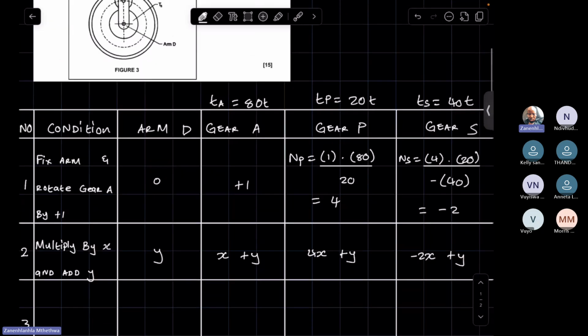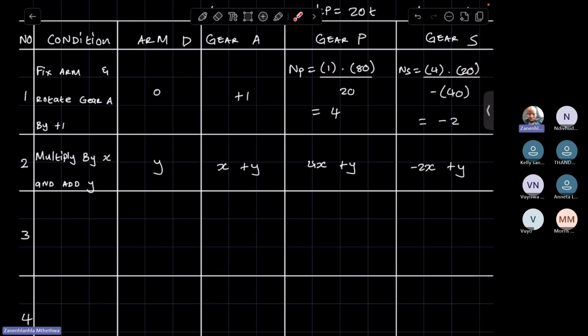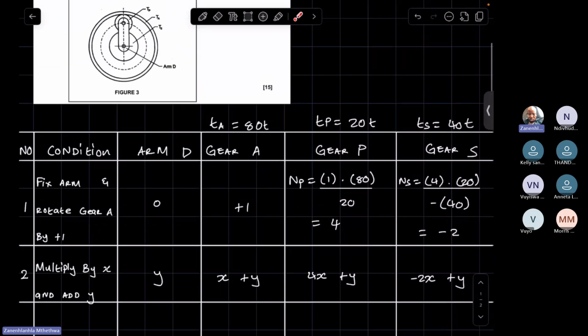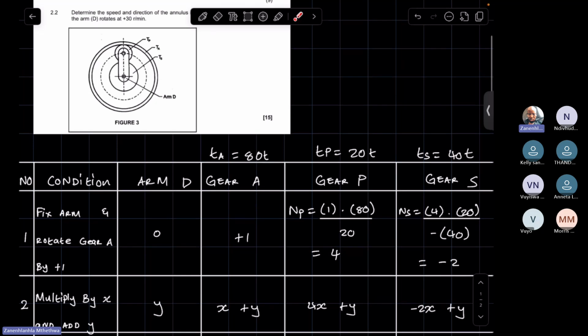Now, it is important to note that every condition that follows after the second condition is going to require 3 quantities. So to complete any and all conditions that follow after the second condition, you need 3 quantities. You need what you are looking for, and then you need 2 other assumptions.